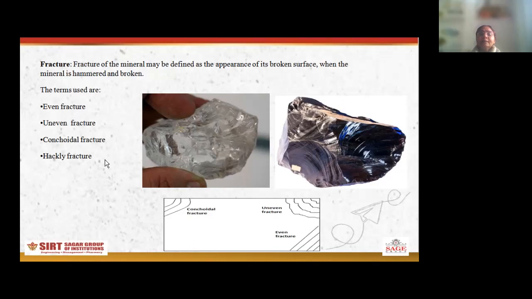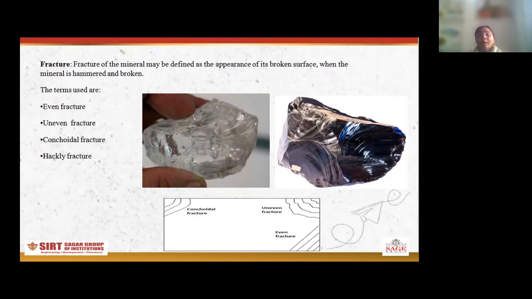They are categorized into 4 categories. First is even fracture: when the mineral splits with smooth surfaces, it is known as even fracture, and feldspar is a good example. Then uneven fracture: when the mineral breaks with an uneven or rough surface, it is known as uneven fracture.